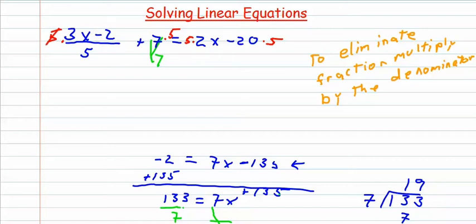Those will cancel, and they get 3x minus 2 plus 35 equals 10x minus 100, and solve it that way also. You can move stuff around, or right from the get-go, you can multiply by the denominator. But you need to multiply by the denominator.